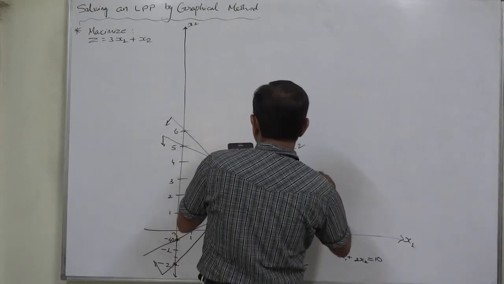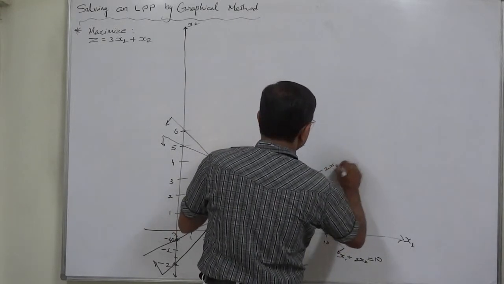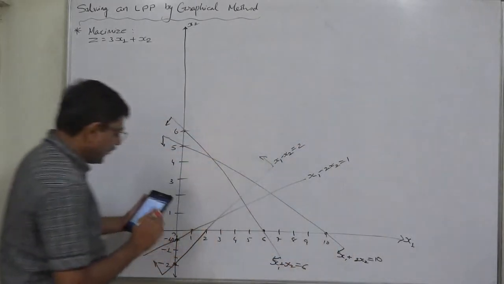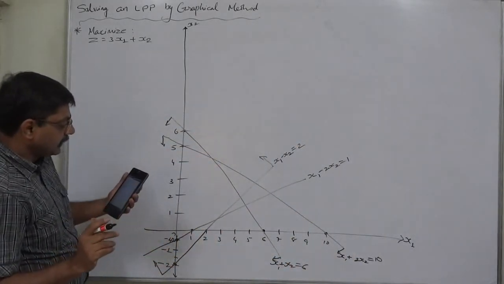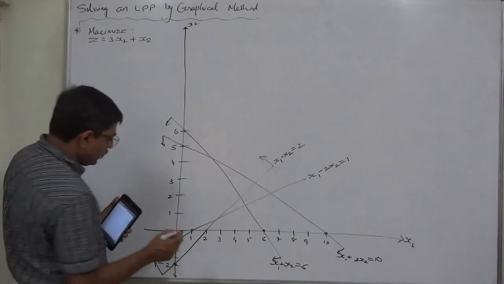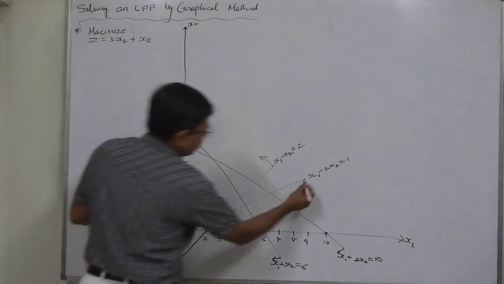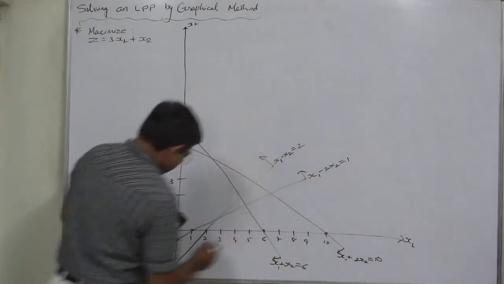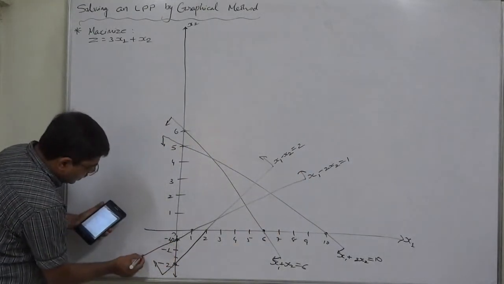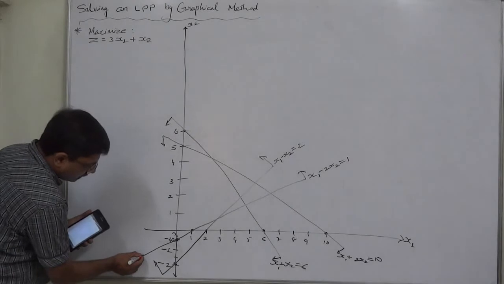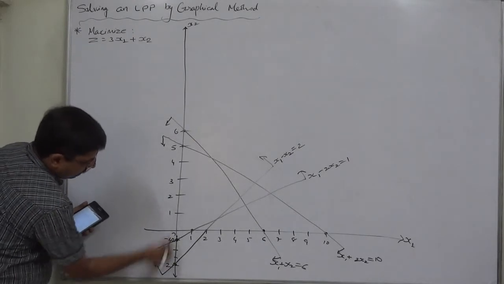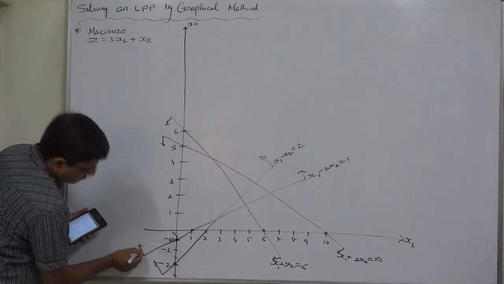This is the equation of x1 minus 2x2 equals to 1. Now what about inequality? x1 greater than 1, inside, and x2 greater than minus half, above the line. Yes.